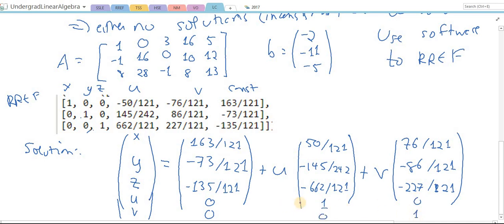All right. That seems kind of ridiculous or redundant, but it does express the solution set as a linear combination of vectors, which has theoretical importance. All right. So I have all of my variables as a linear combination of vectors where u and v, the free variables, are arbitrary.